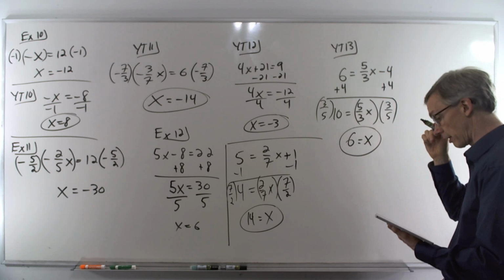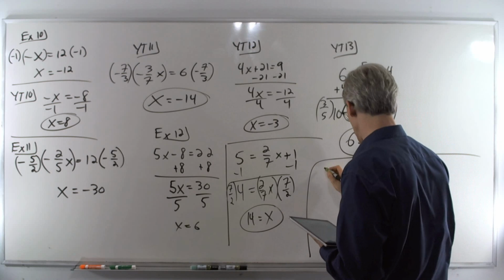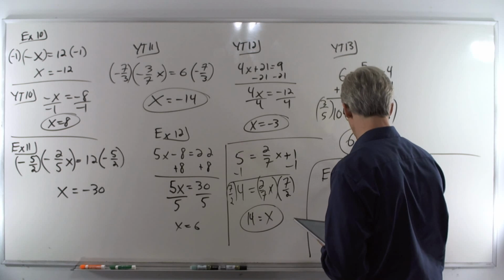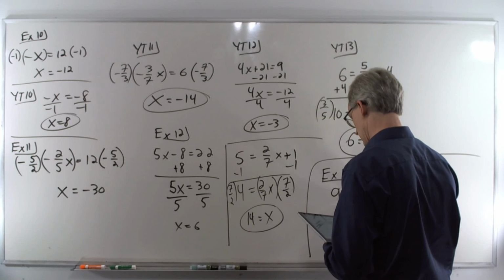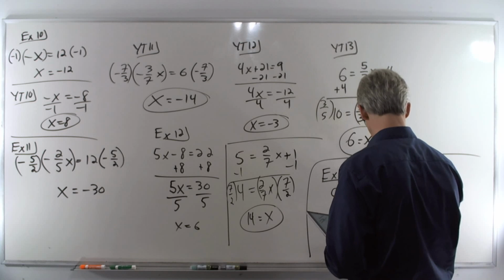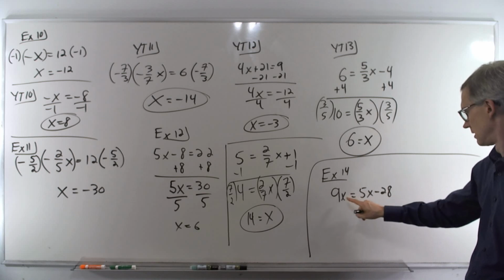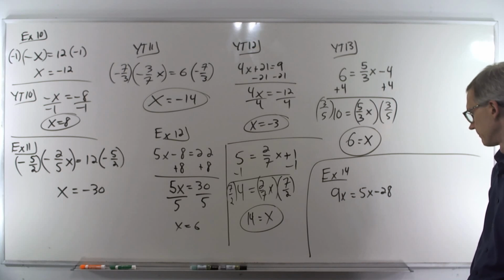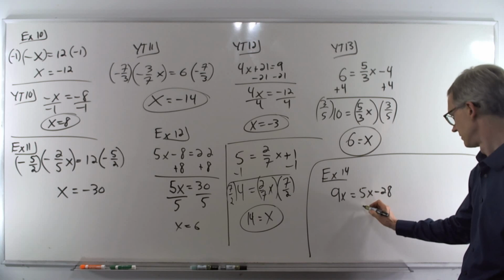Now sometimes we'll have variables on both sides. All right, so we're going to combine the like terms together. All right, I've got a positive 5x here.